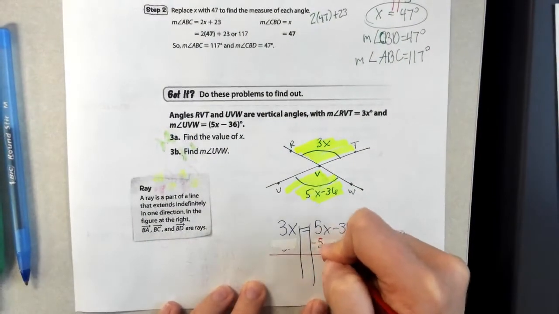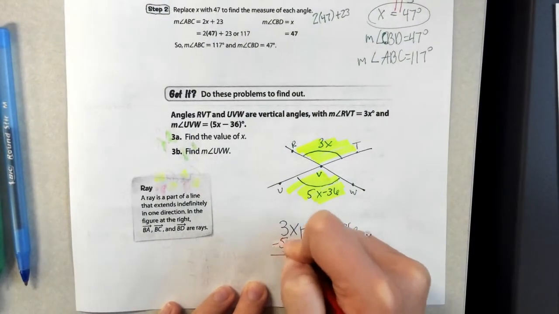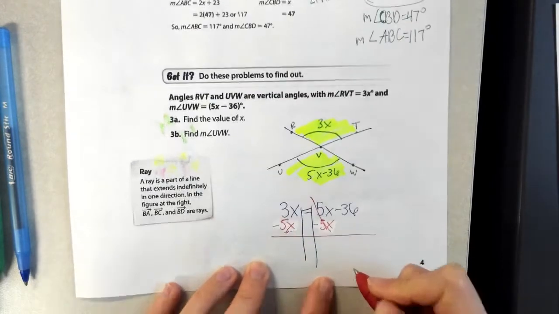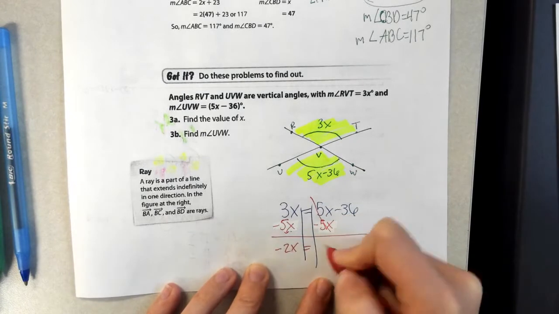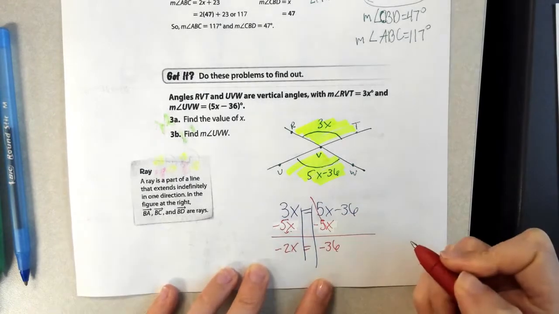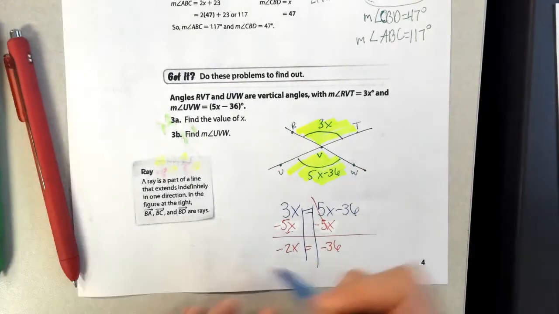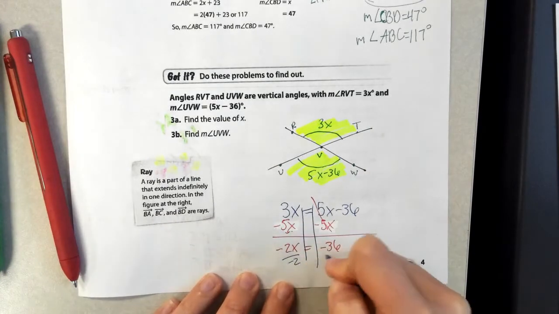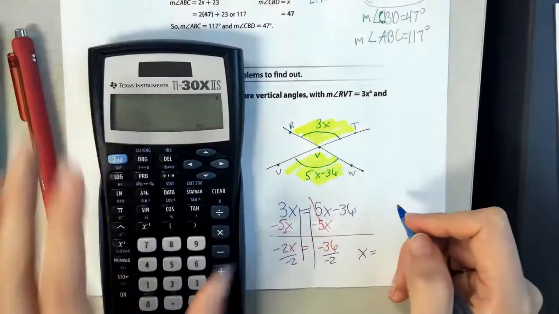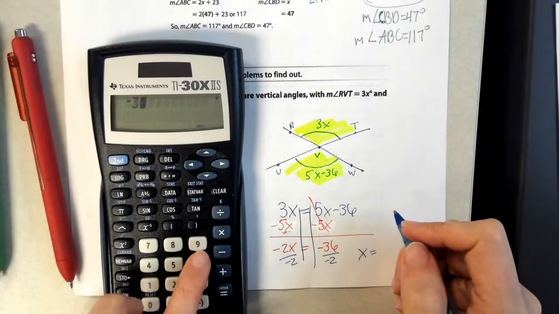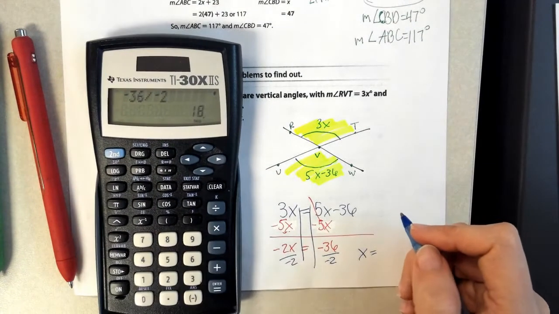So minus 5x, that cancels out. 3 minus 5 is going to be a negative 2x. And I have negative 36 on this side. Then I can divide by negative 2 on both sides and get x is equal to, and if you don't know this one, make sure you're plugging it in, and you'll see it's 18.